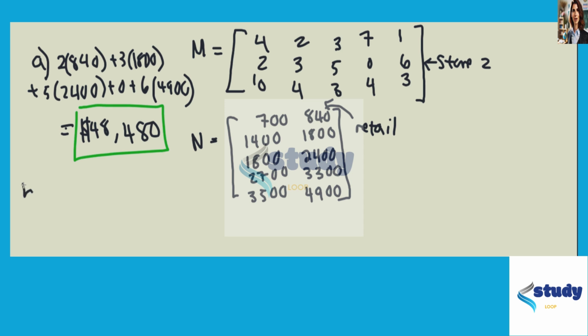Part B asks for the wholesale value of the inventory at store 3. Store 3 is over here, and the wholesale value is in this column.